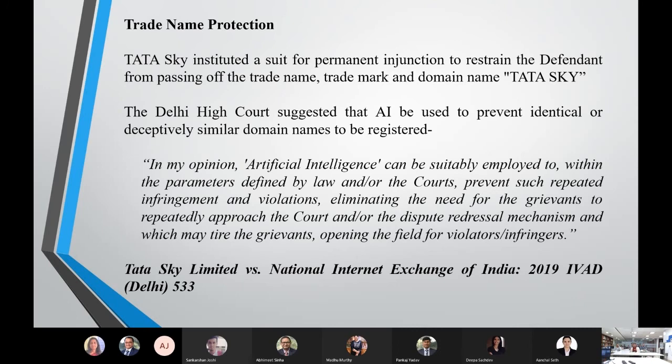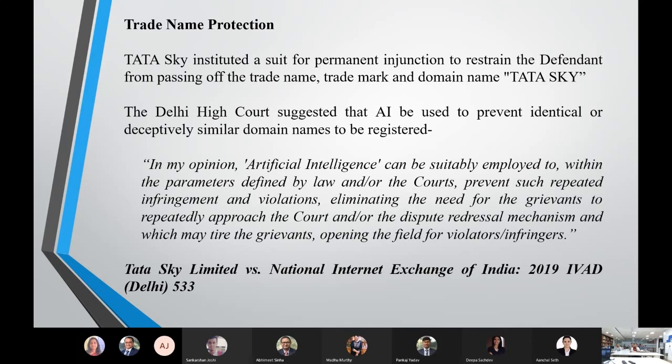The third case was before the Delhi High Court. This was a trademark infringement case where Tata Sky had instituted a suit for permanent injunction. During the course of hearing, the High Court suggested that AI should be used to prevent identical or deceptively similar domain names from being registered.